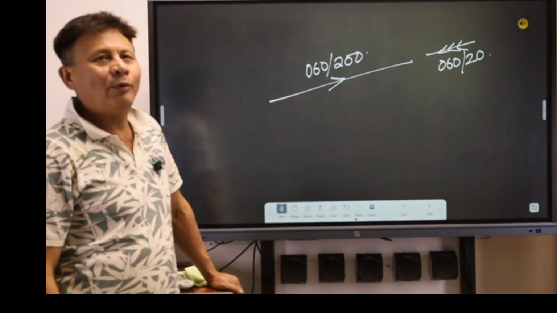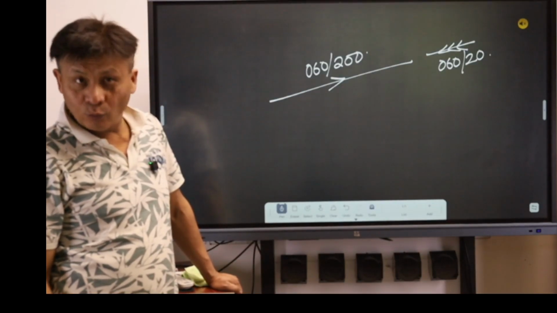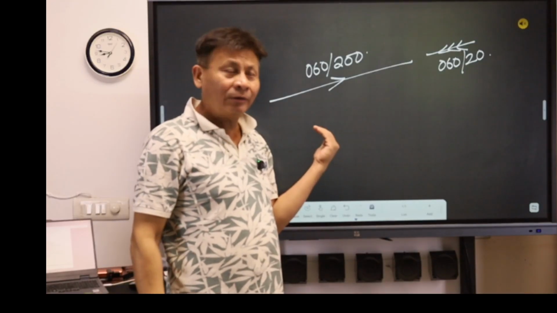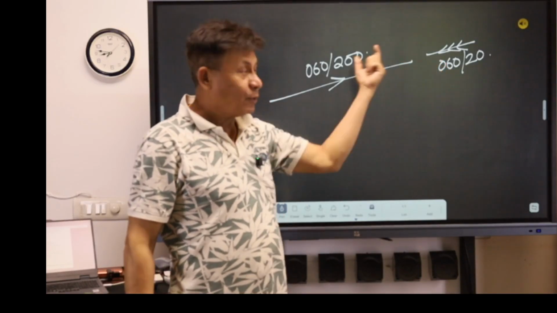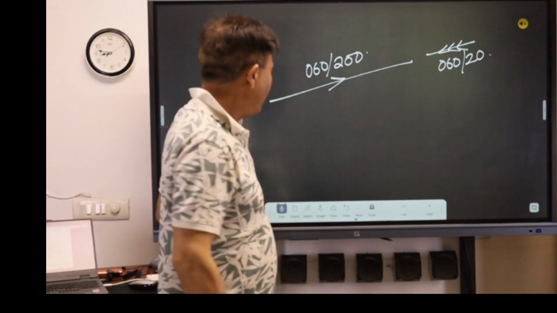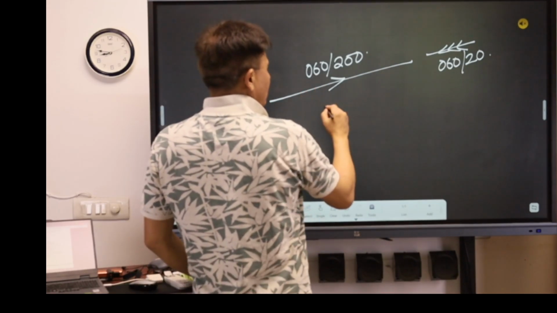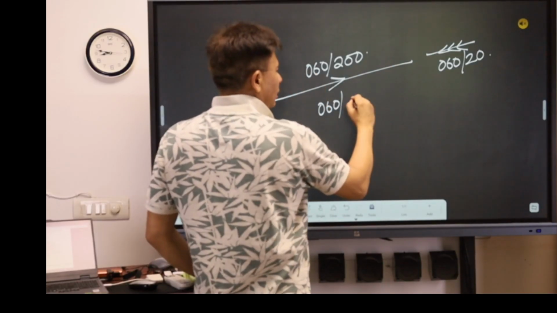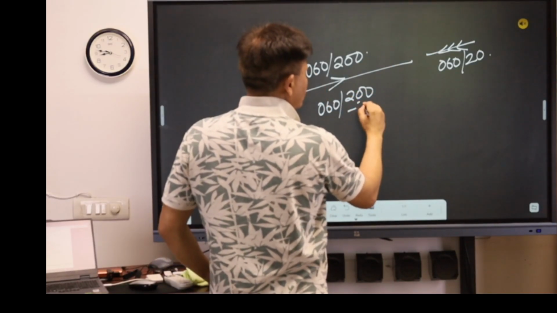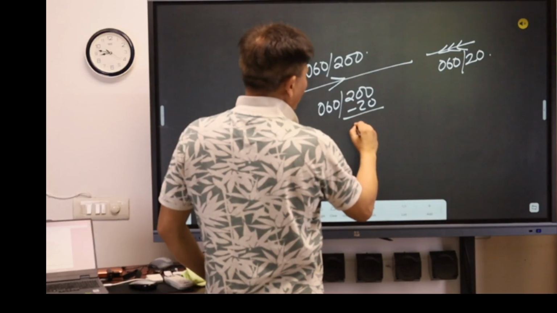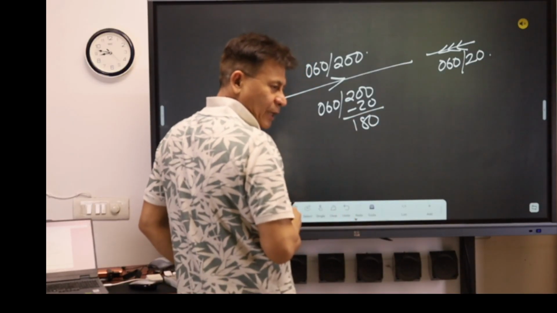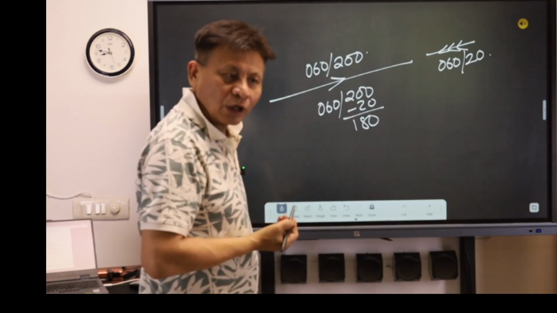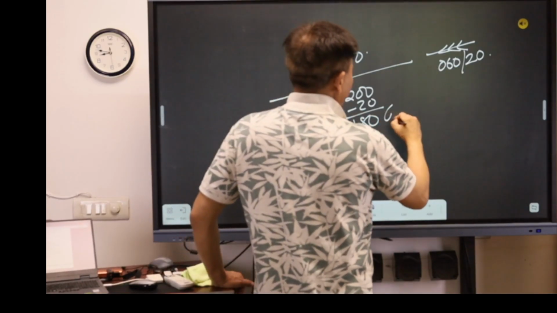My aircraft will now be impacted by this wind. My aircraft velocity will be slowed down, because they are in the opposite sense. My aircraft will still be traveling in the 060 direction, but with a lesser speed, 200 minus 20, so my speed will now be 180. This speed which I am experiencing, with respect to the ground, is known as the ground speed.